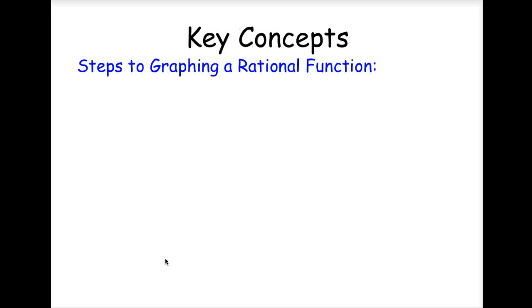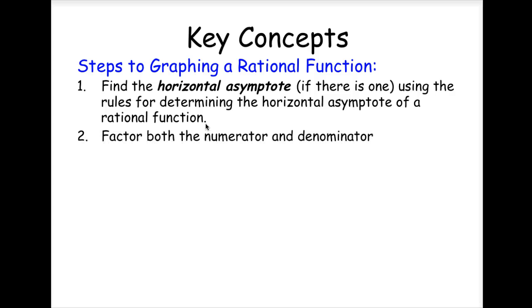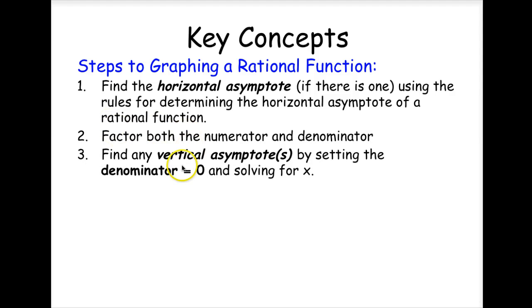Now, steps to graphing a rational function. First of all, we need to find the horizontal asymptote, if there is one, using the rules for determining the horizontal asymptote of a rational function, which we just did. Factor both the numerator and denominator. Find any vertical asymptotes by setting the denominator equal to 0 and solving for x.